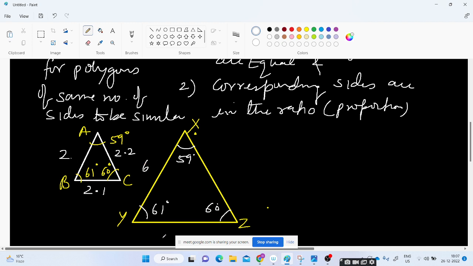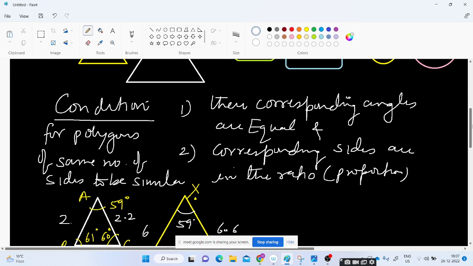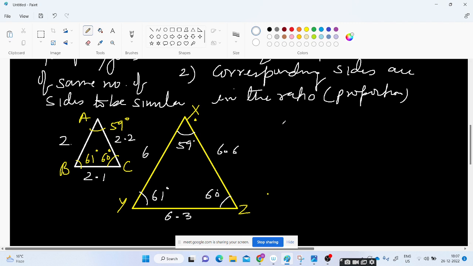The sides are 6, 6.3, and 6.6. So now first of all, the first condition is corresponding angles must be equal. So angle A in triangle ABC is equal to angle X, both are equal to 59 degrees.